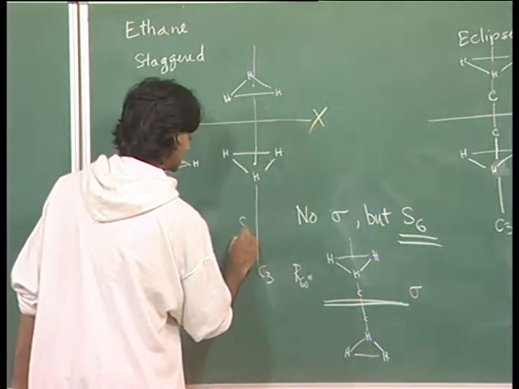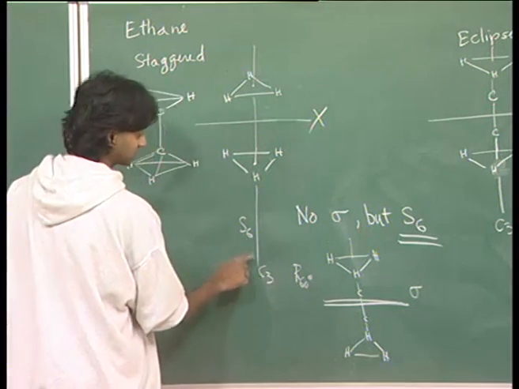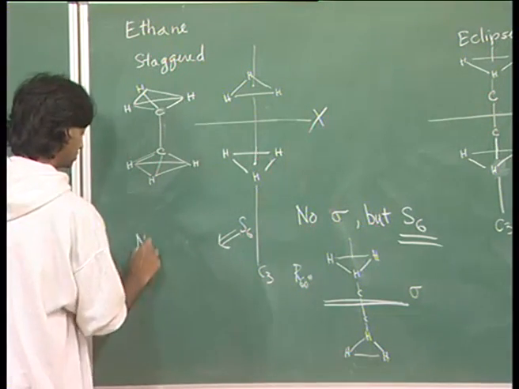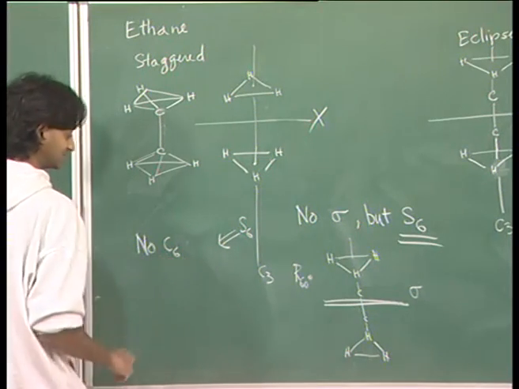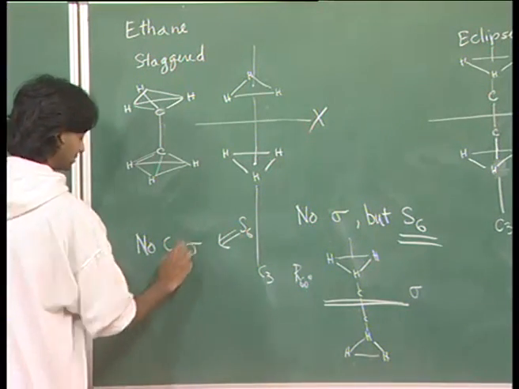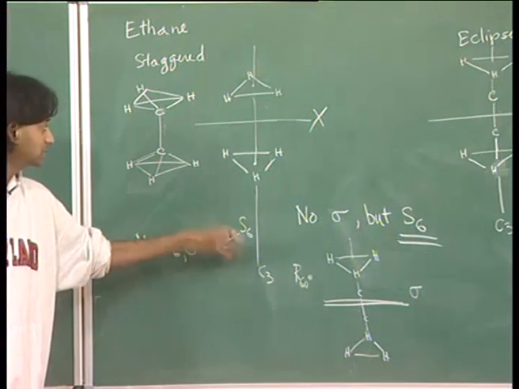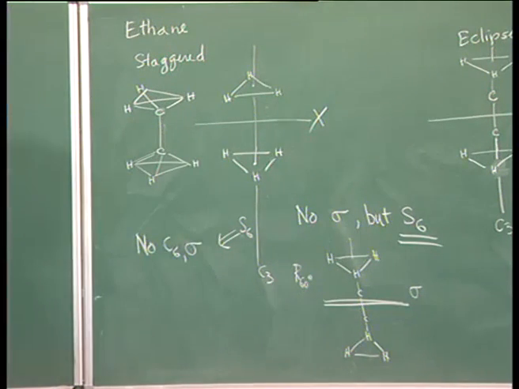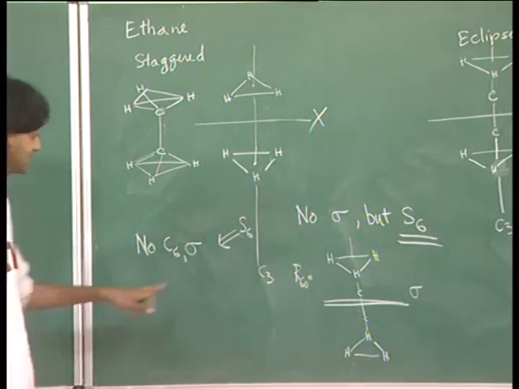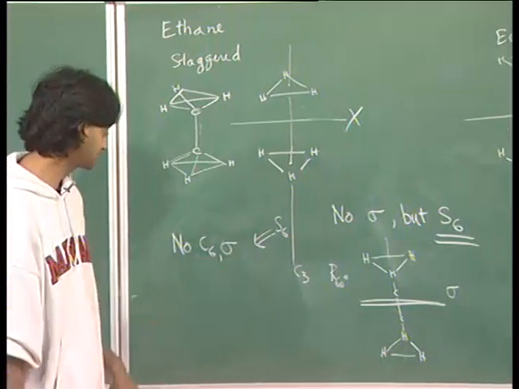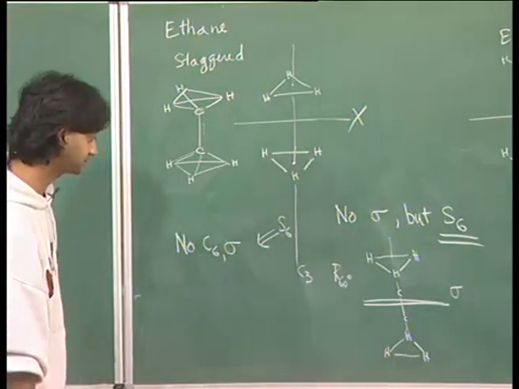It is a C3 axis, but it is also an S6 axis. And notice, it is not a C6 axis, and there is no sigma. So, there is no C6 or sigma, but it has an S6 axis. Okay, so the staggered ethane is a good example of a molecule that has an S6 axis, even though it does not have a C6 axis or a sigma plane.